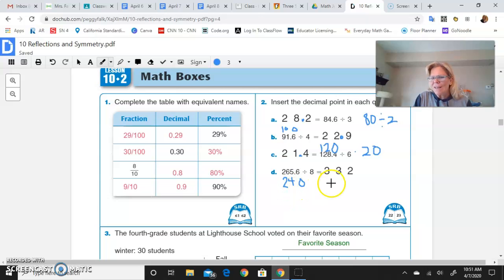So if I did that, my estimate would be 30. 30 times 8 equals 240. So if I put my decimal right here, that's close to 30, 33.2. So that's where the decimals would go.